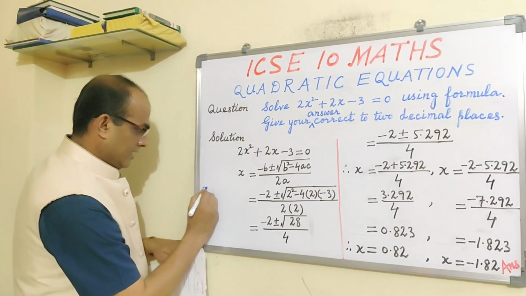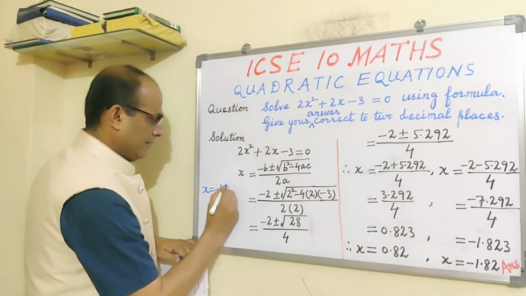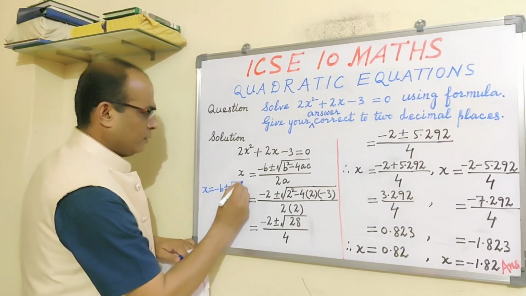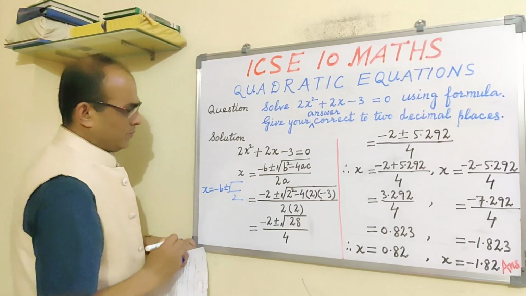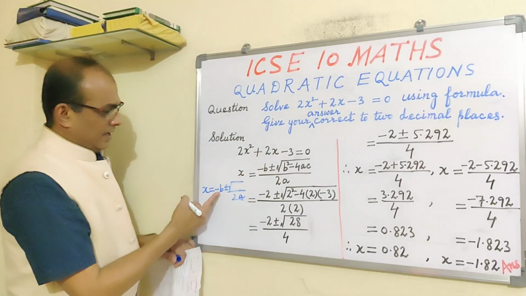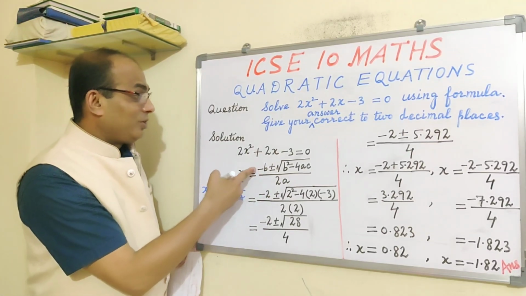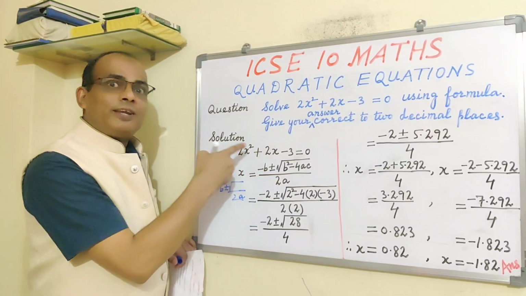Please do not write like this: x is equal to minus b and then plus minus root b square minus 4ac upon 2. Please do not write this minus like this. Write clearly, which shows that minus b is in the numerator.